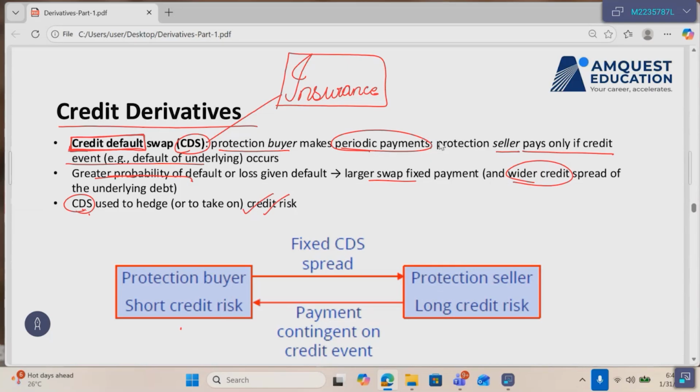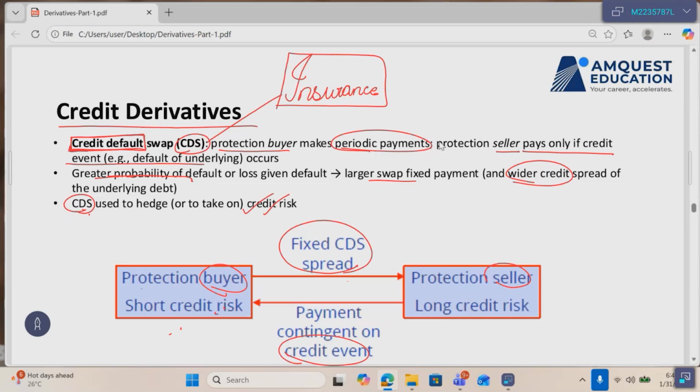So in summary, the buyer is buying protection, and the seller is the one who is selling risk. The buyer wants protection, the seller wants money. So the buyer will pay the spread or the premium, and the seller provides protection. He says, don't worry, if anything happens, I will pay you in the event of a credit default.